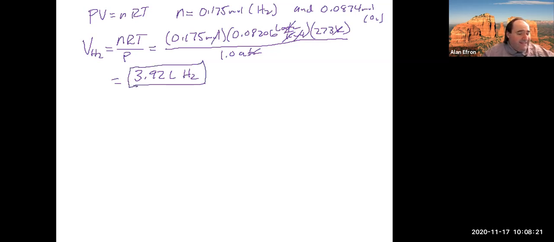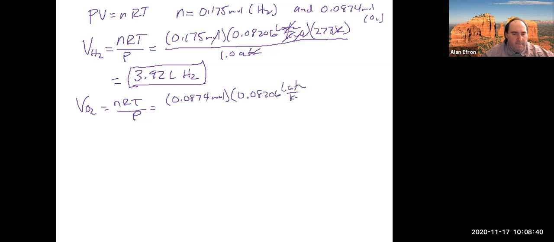Now we could do the exact same calculation for our O2. O2 would be nRT over P. The only difference is we're going to put in our oxygen's moles. Everything else will be the same, temperature and pressure in this case.